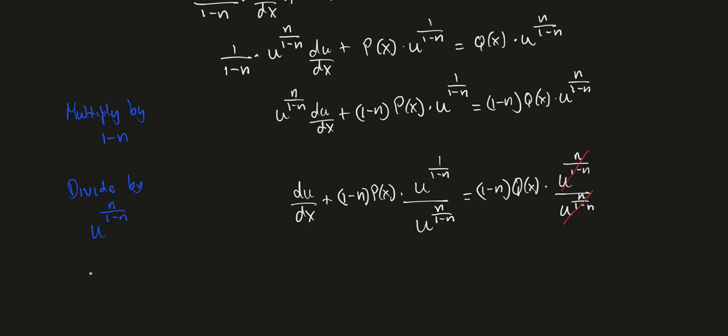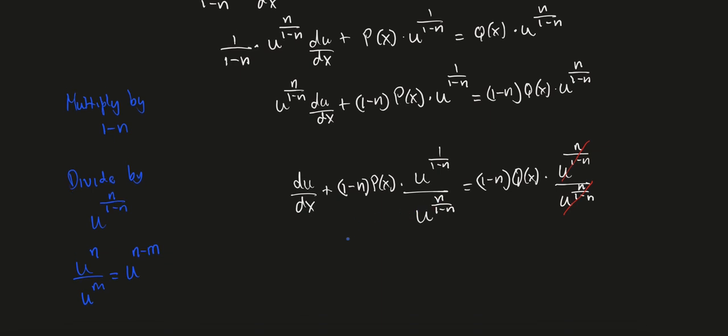If I have u raised to a certain power divided by u raised to another power, I have to subtract those powers if I want to simplify it, right? That's what the properties of exponents say. So it comes down to, what is 1 over 1 minus n minus n over 1 minus n.